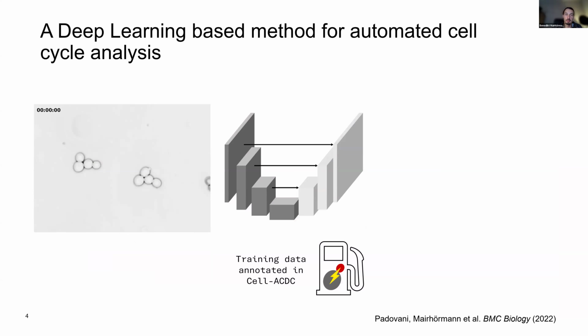My background is more in mathematics and machine learning, deep learning. So I trained a neural network which uses the time context, mimicking the human behavior when we do this manually, and I trained this neural network on data which we generated with our in-house tool Cell-ACDC.